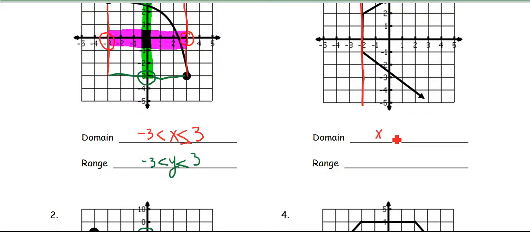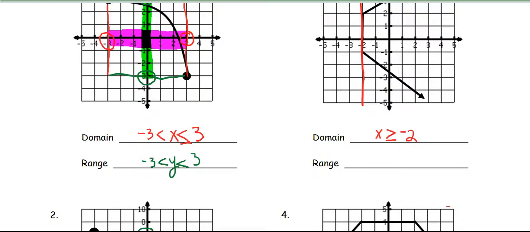X, now I touched the line right there. It is on the line, and it is a solid line. So I'm going to put x is greater than or equal to -2. That means anything that goes that way. And that's the way I want you to do it.